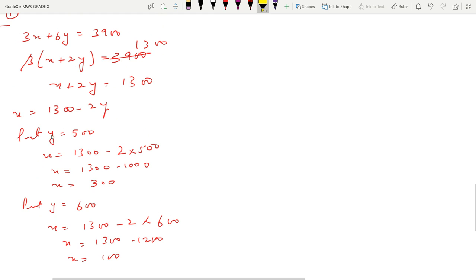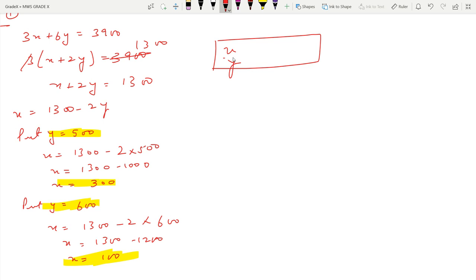Now these are the values. With y 500, x is 300. With y 600, x is 100. Putting in a box: x 300, then y is 500. x 100, then y is 600.